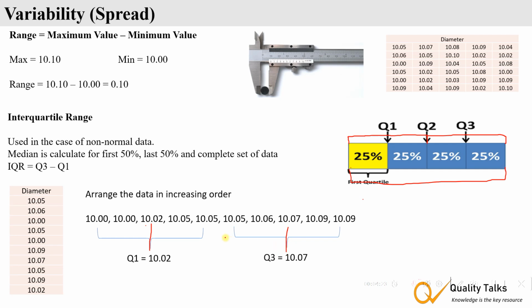And the complete data median is the average of these two middle values, which is 10.05. So IQR, the interquartile range, is equal to Q3 minus Q1, so it is 10.07 minus 10.02. IQR is equal to 0.05.